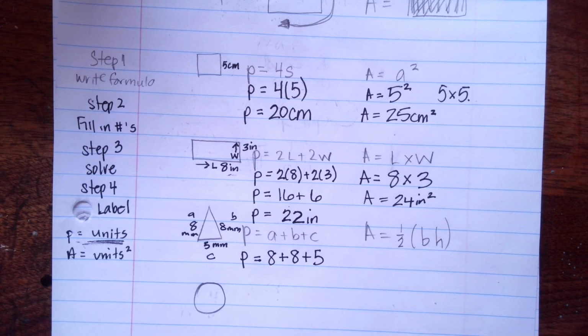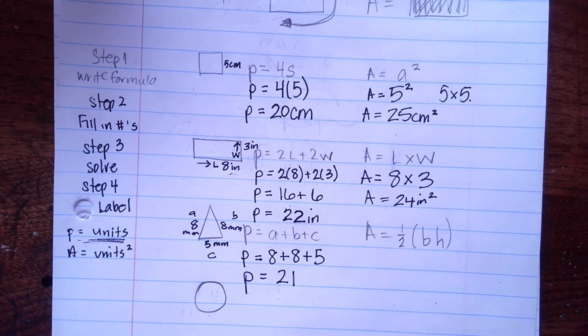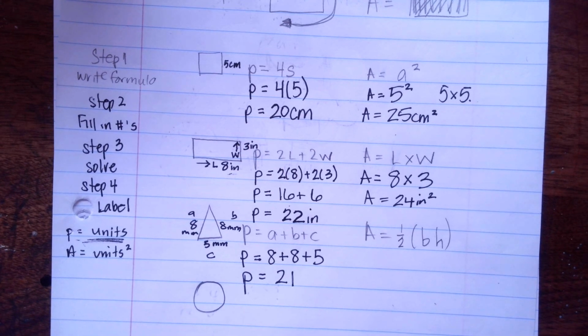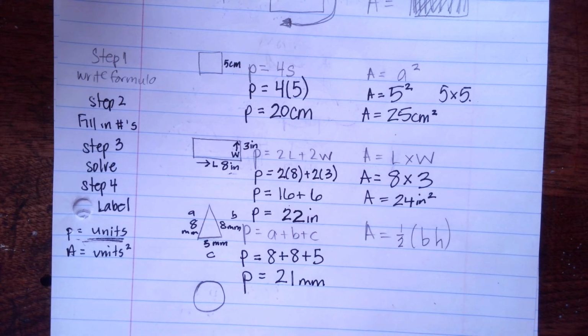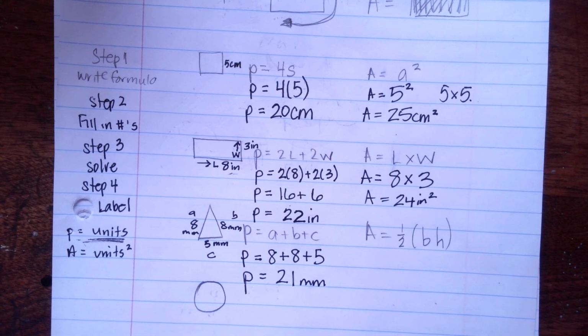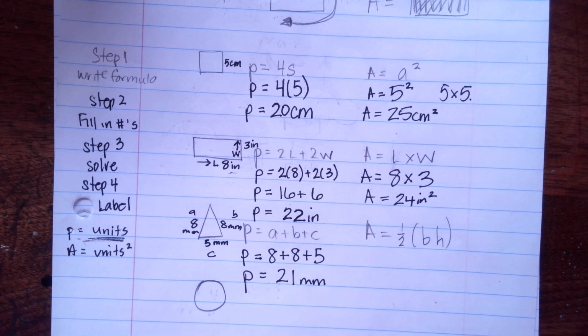So what is 8 plus 8 plus 5? 21. So you're going to write P equals 21, and then what is our label? Millimeters. That makes sense. Good. So we'll keep it there.